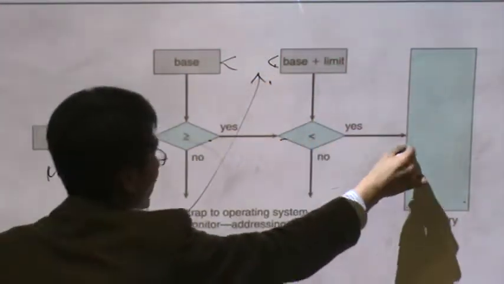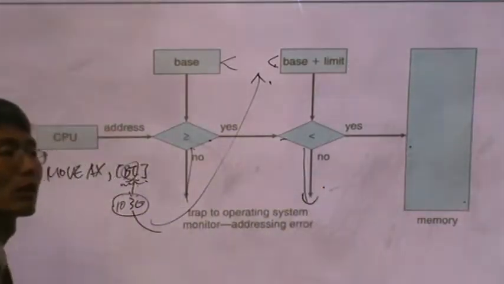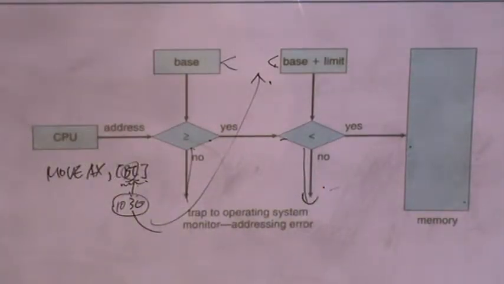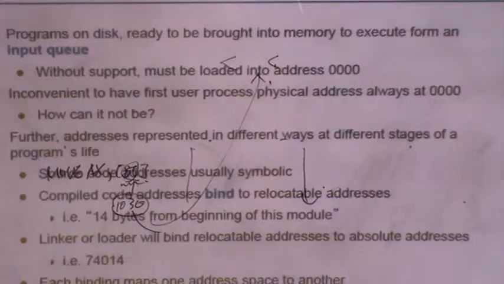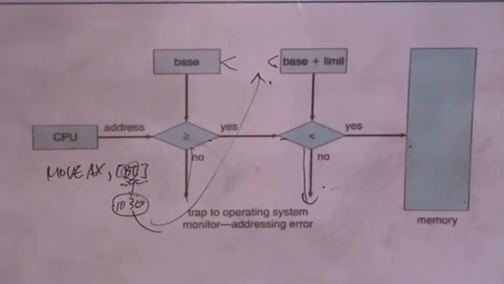If yes, we can access it; otherwise it will call an interrupt. It's a fatal error. That frequently happens, really.